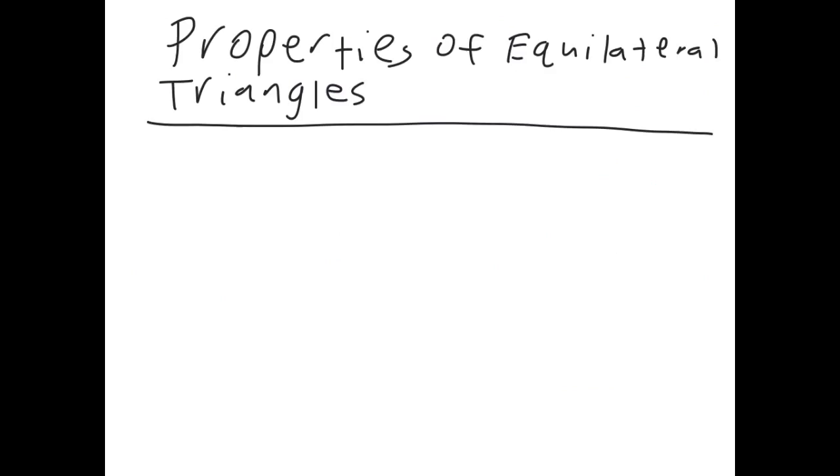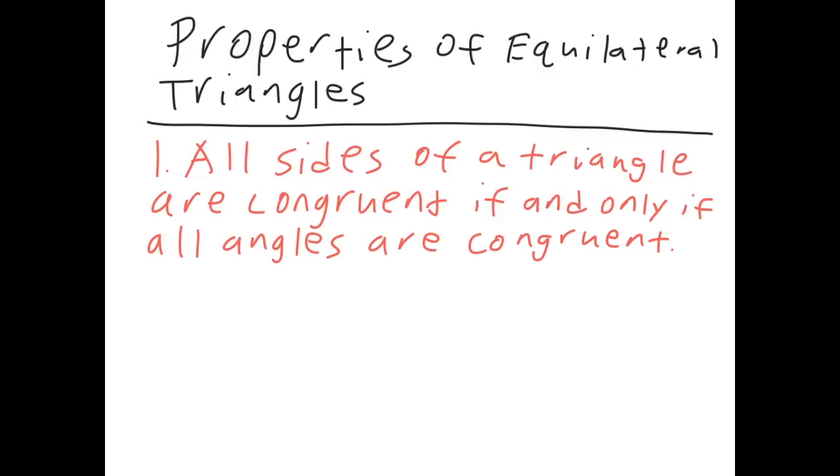Next we're going to talk about properties of equilateral triangles. First property is all sides of a triangle are congruent if and only if all angles are congruent. First thing I want to mention is if you ever see this phrase, if and only if, it means it works both ways. So if all the sides of a triangle are congruent, then all the angles of a triangle are congruent.